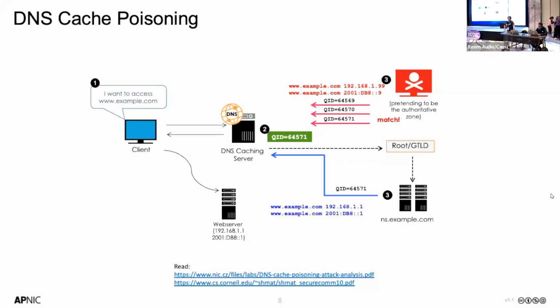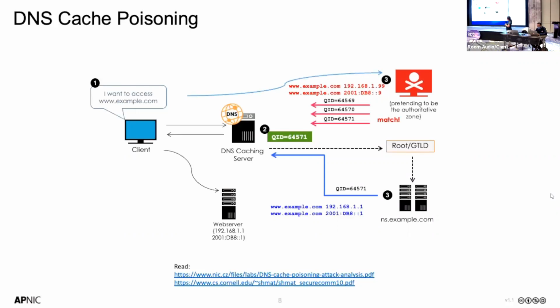If it is successful, your client will now connect to the wrong server, which is exactly what we don't want to happen. That's a very high level overview of it. If you want to read more about it, there are a few really good articles and papers that I have posted that describe DNS cache poisoning in detail.